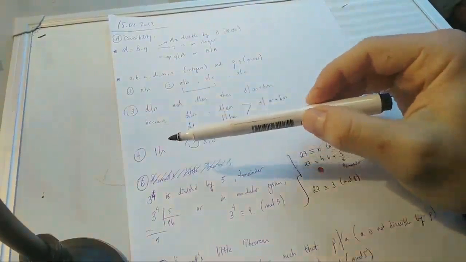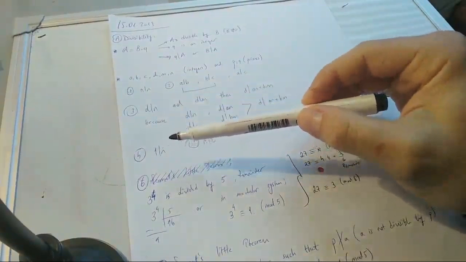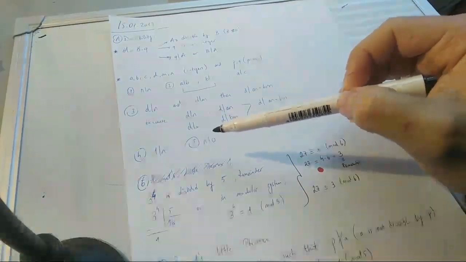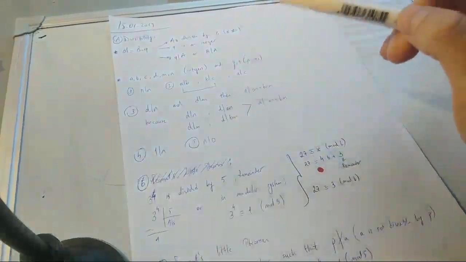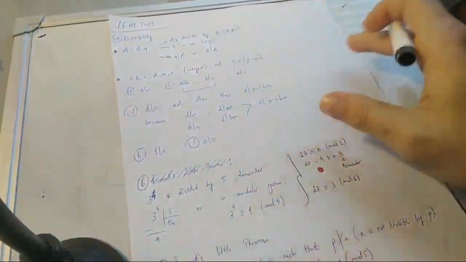And therefore, 1 divides any number and any number divides 0.